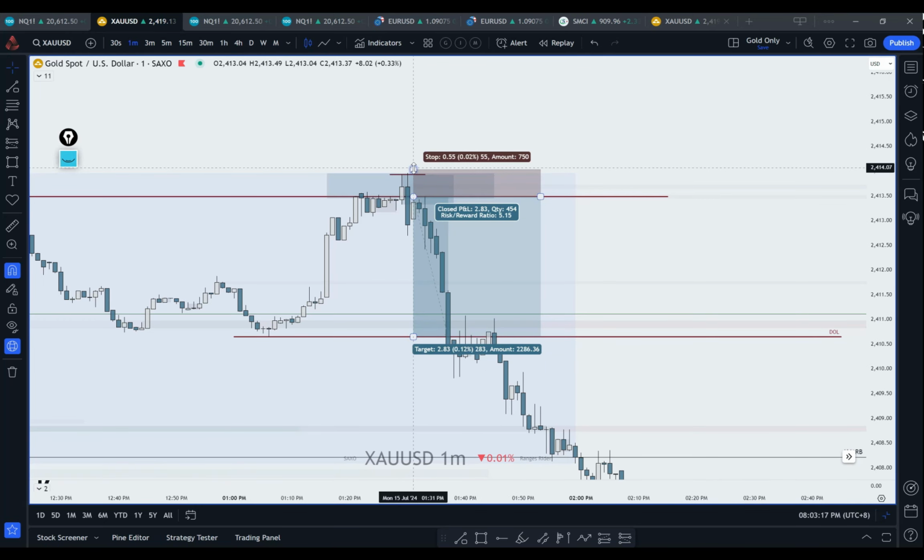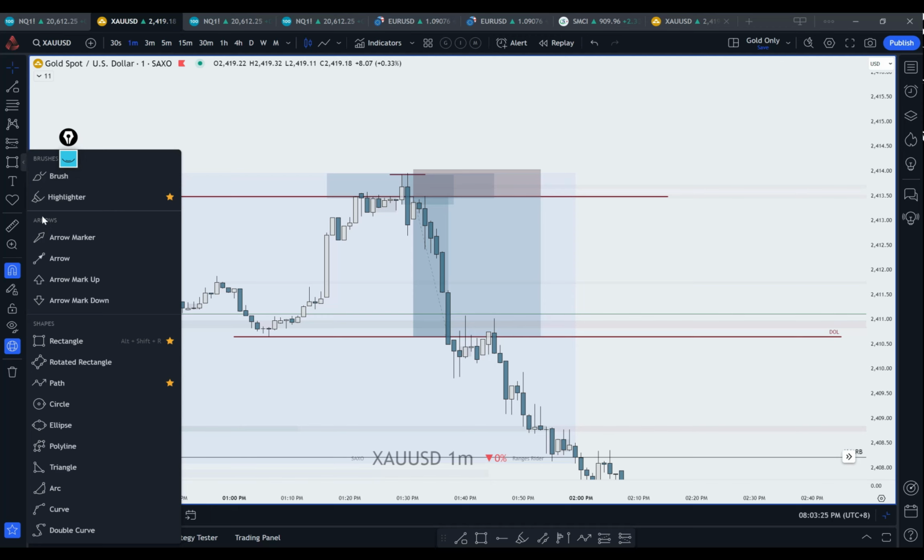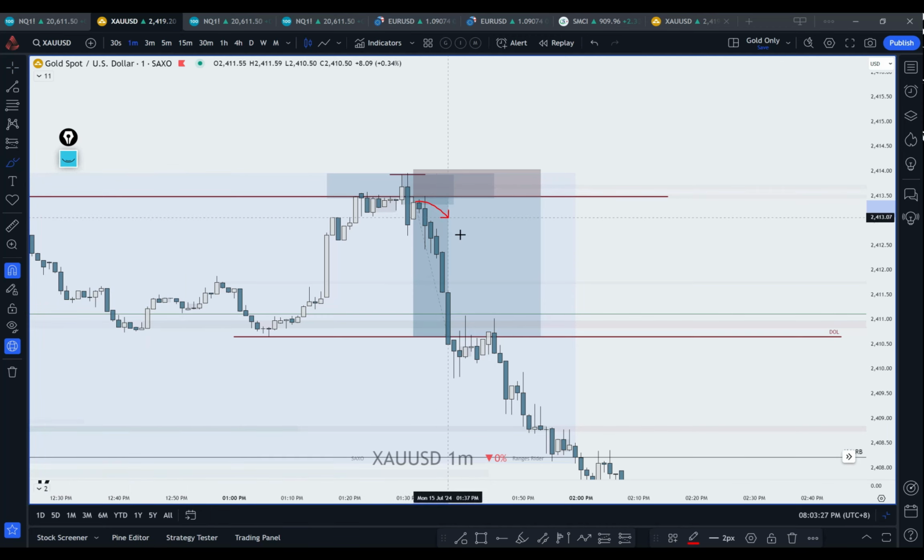You can enter here. I don't think you will find the confirmation entry here. Why? Because you don't have too much room. You have only this much room, and your draw on liquidity will be reached. So maybe you can just check that. Okay, you have the market structure shift, and the first order block you can sell.